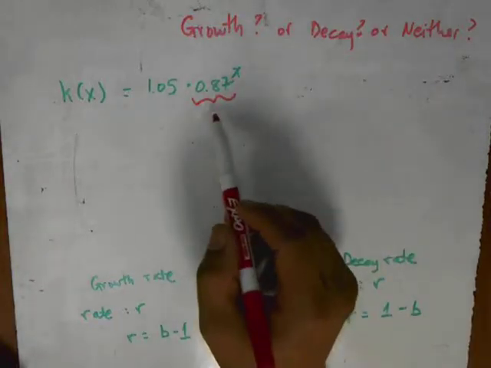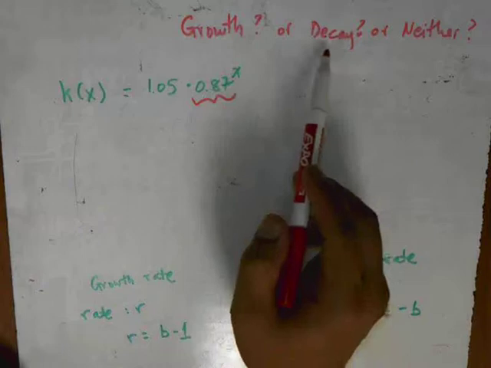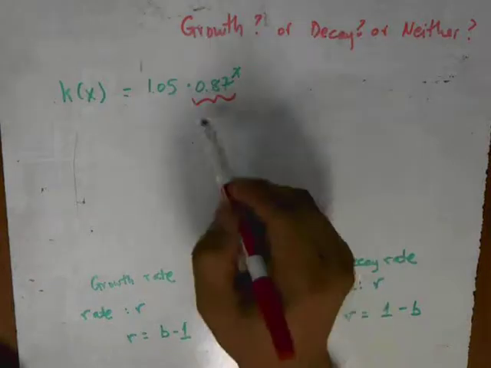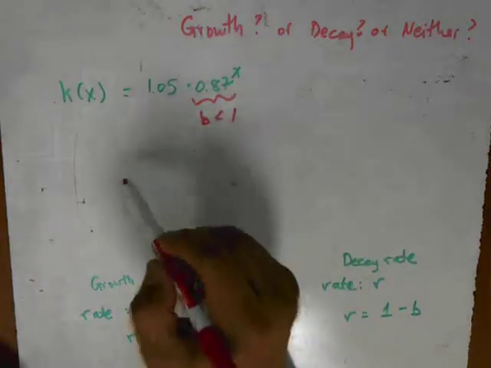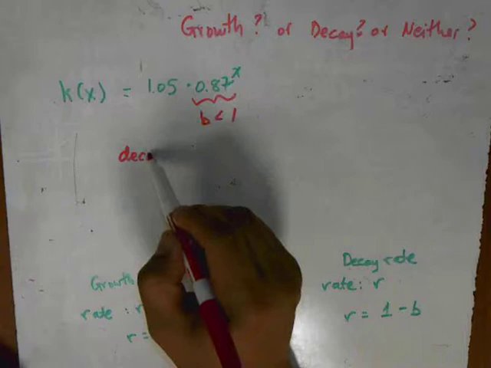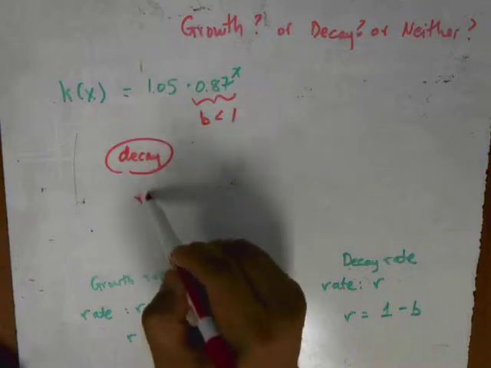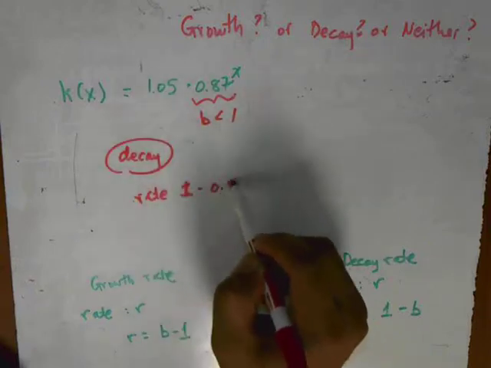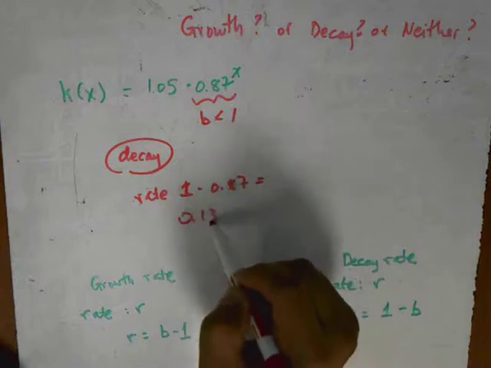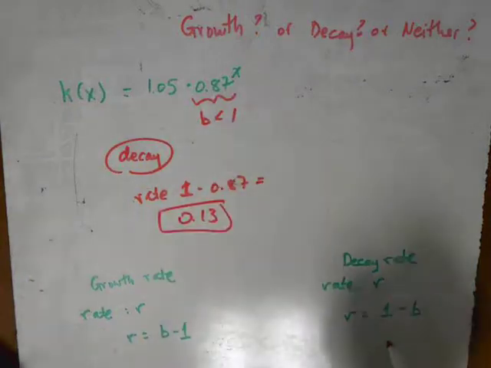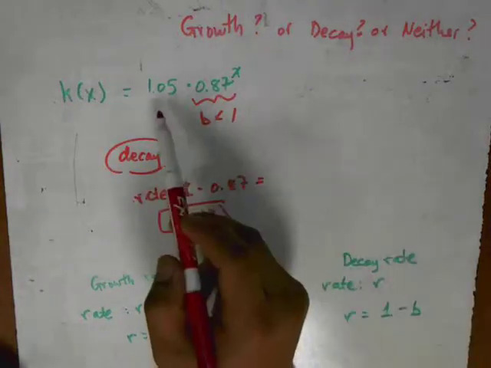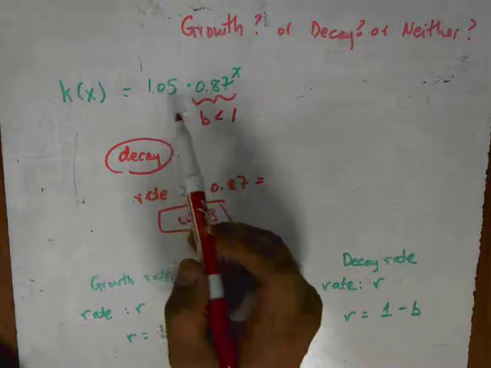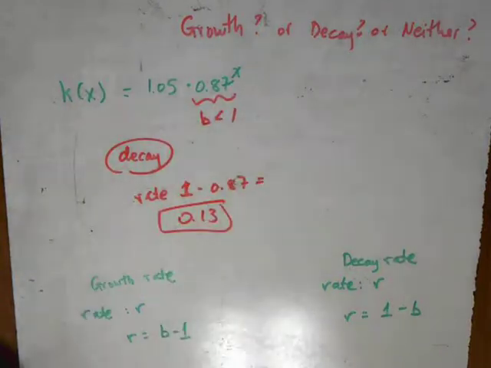The only thing that matters when you're determining between growth and decay is what's the base. So this base here is less than 1, so this is a decay function. And of course the rate is 1 minus 0.87, which is still 0.13. So it's still the same idea. Just because you have a different number in front, it doesn't really change a whole lot as long as it's positive. If it's negative, it's neither growth nor decay.